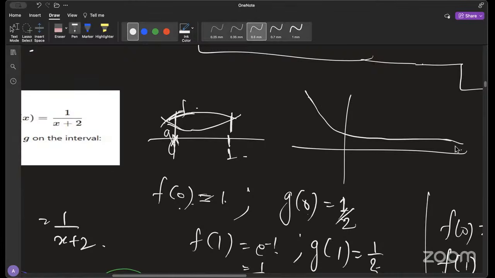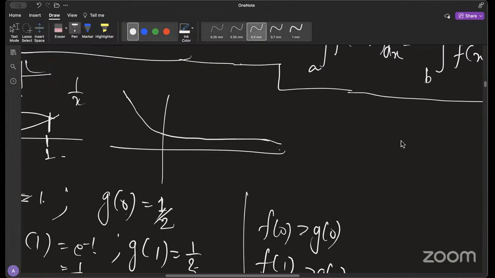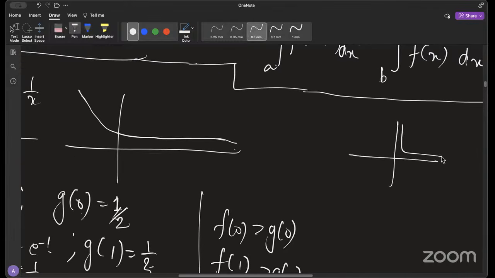If someone has a doubt in that, we can explain that. And the graph of 1 by x looks like this, right?